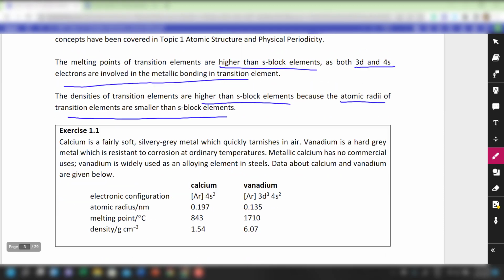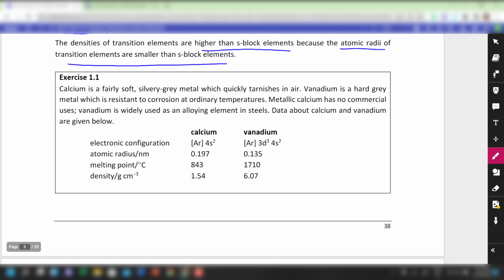Then we have an exercise 1.1 over here, which we can have a brief discussion on. We were told that calcium is a fairly soft silver gray metal which quickly tarnishes in air.